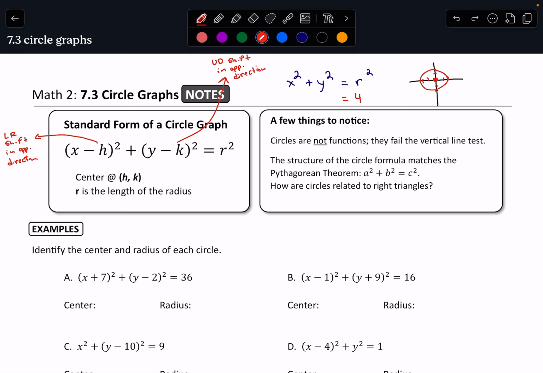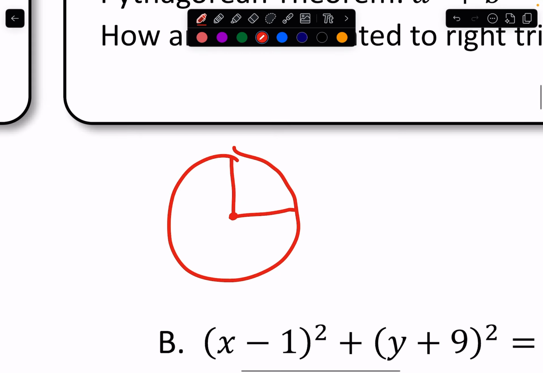Now, again, I mentioned it. You've noticed that the Pythagorean theorem looks a lot like the equation of a circle, and that's not an accident at all. If you have a circle, and from the center, I was looking for anywhere in this circle, I'm going to zoom in a little bit, and if this is my center right here, and I put a dot anywhere in the circle, I can go straight over to my dot, and I can go straight up to my radius.